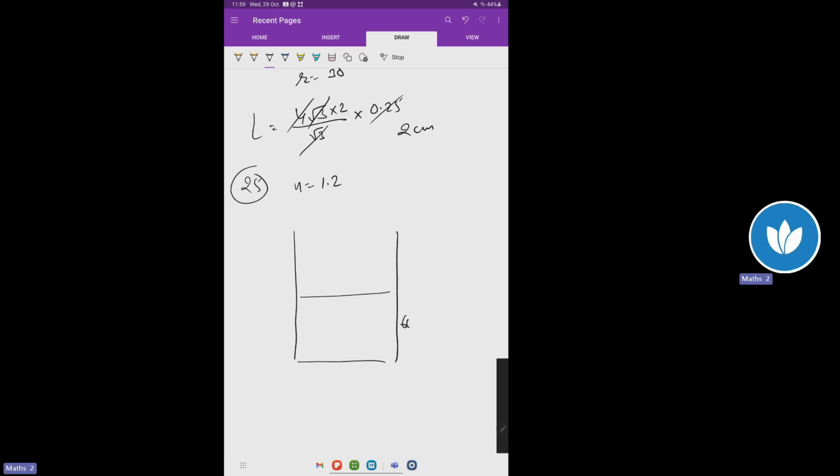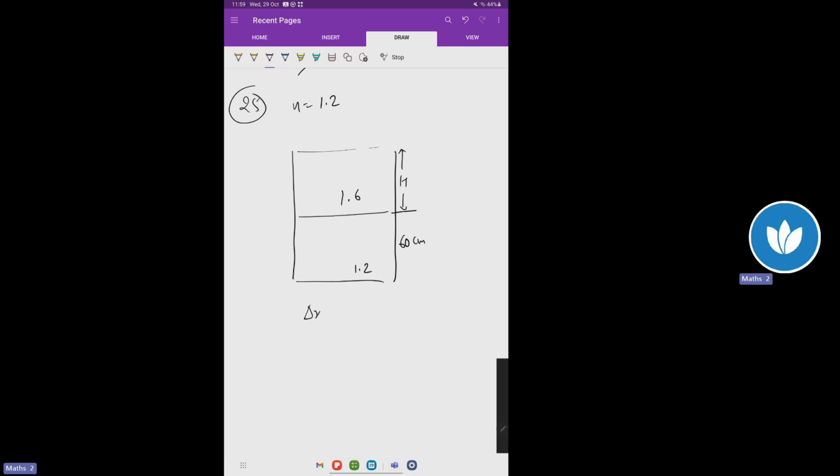First liquid is up to a height 60 centimeter, refractive index is 1.2. And second liquid is of height h above the first and refractive index is 1.6. Viewed from above, the apparent shift in the position of the bottom of the container is 40 centimeter.